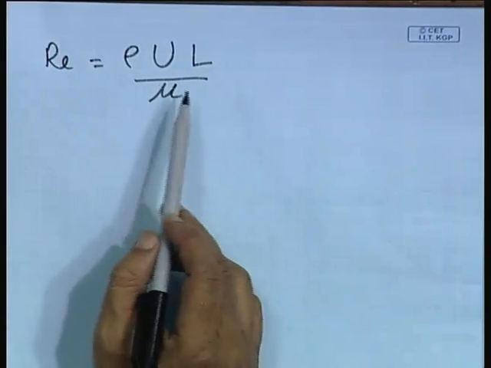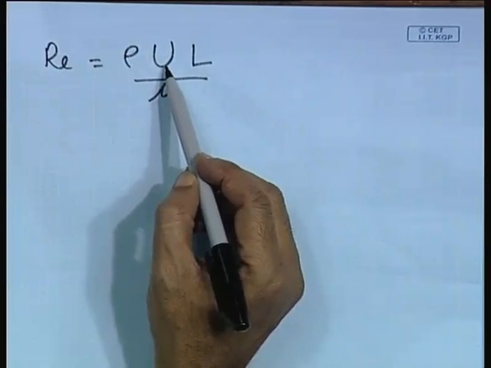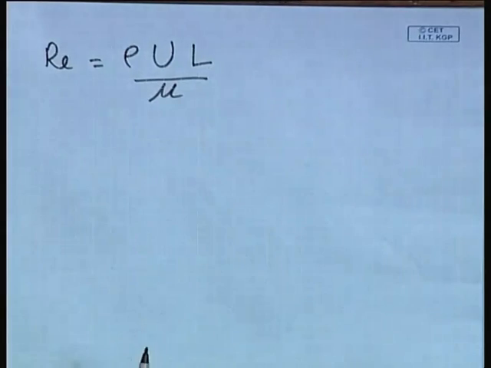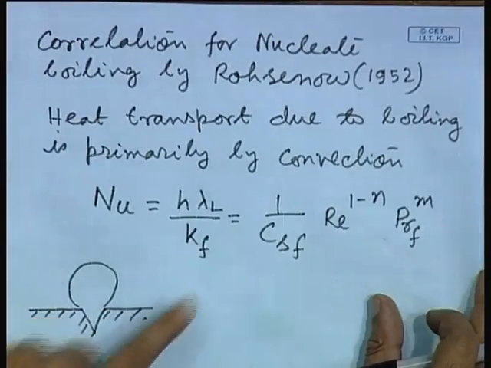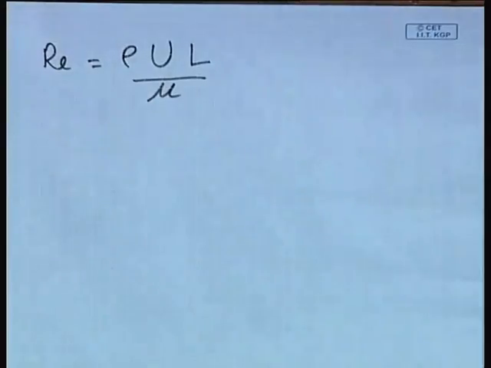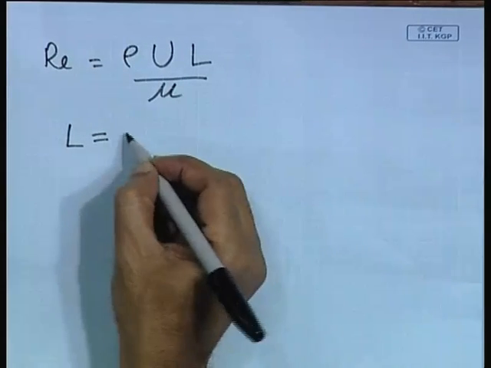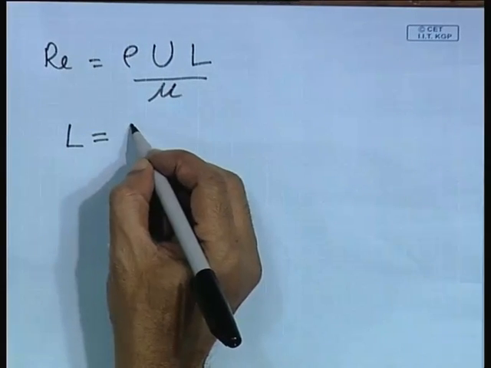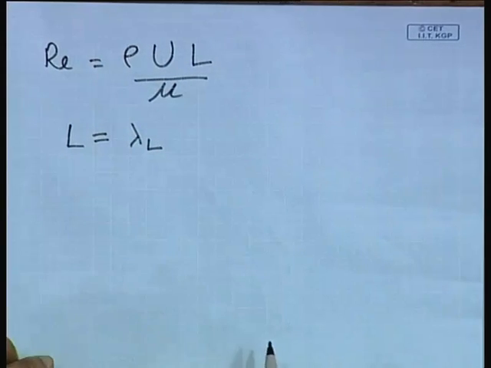So, how can this be taken, particularly how can we define the velocity and the length parameter? Already if you see the previous equation, for the Nusselt number we have to take a characteristic length. So, probably L could be replaced by that characteristic length lambda L, and this lambda L is what?